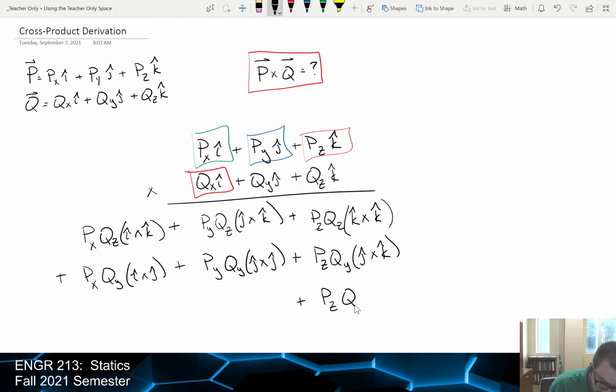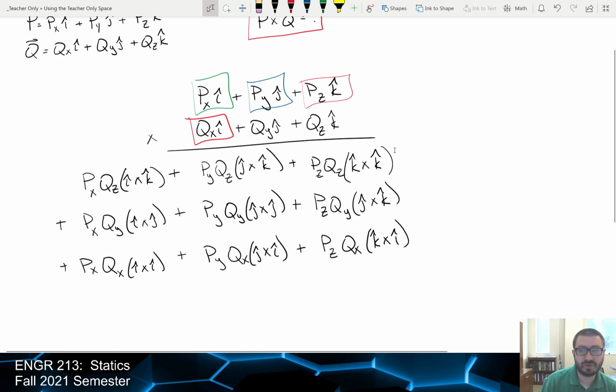PZ, QX, K crossed with I, plus PY, QX, J crossed with I, and then PX, QX, I crossed with I. Okay, so to be clear, that's the cross product.